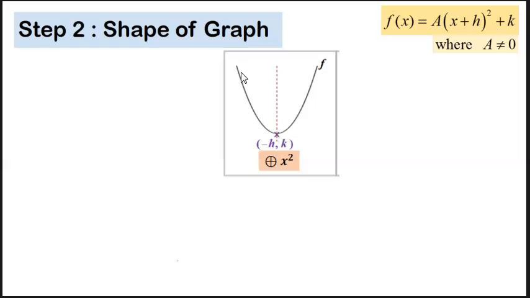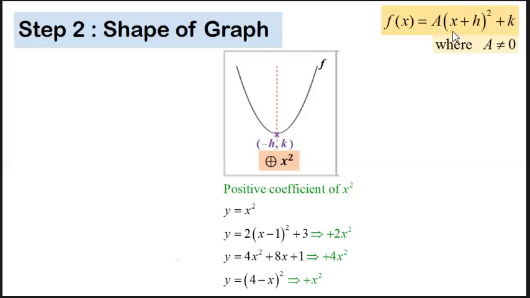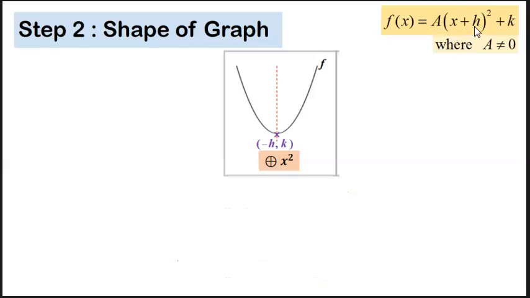And with this smiling face graph, we have a minimum point at the point with coordinates x equals negative h, y equals k. This value is obtained based on the form that we have in these functions, where when the x plus h equals 0, we get x equals negative h, and the corresponding y will be k.